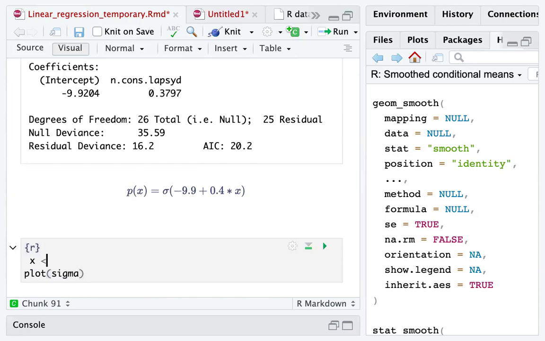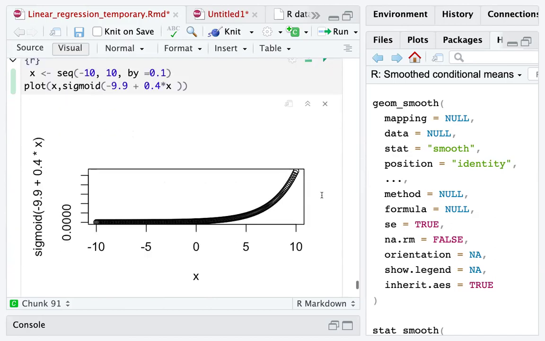Minus 9.9 plus 0.4 times x. Let's check that it's the same line.